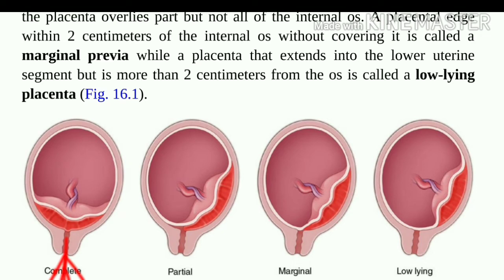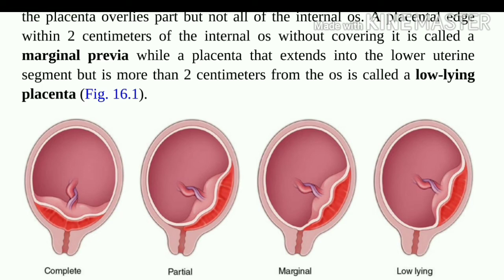If the placenta bleeds and placental insufficiency occurs, the placenta does not provide adequate blood supply to the fetus, so there is a chance of fetal hypoxia, fetal heart decelerations, and fetal intrauterine growth abnormalities. It also leads to preterm delivery. So these are the complications.